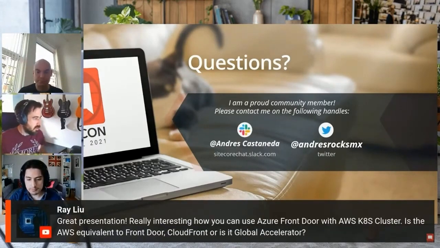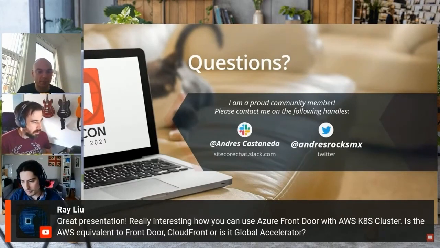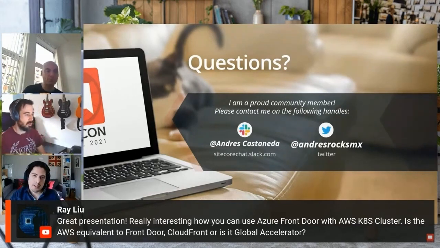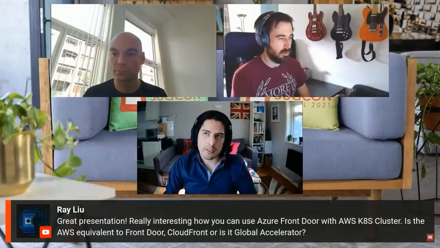Yep, great presentation. Really interesting how you can use Azure Front Door with the AWS Kubernetes cluster. Is the AWS equivalent to Front Door, CloudFront, or is it Global Accelerator? Well, I'm not aware exactly of a matching service on AWS.